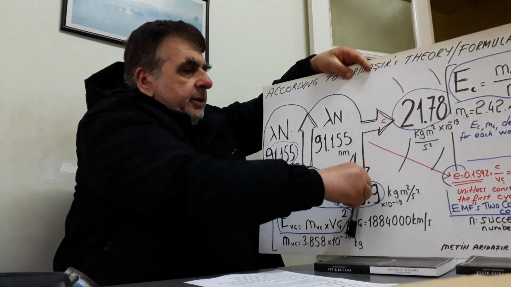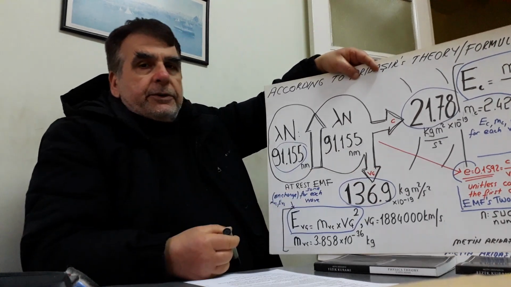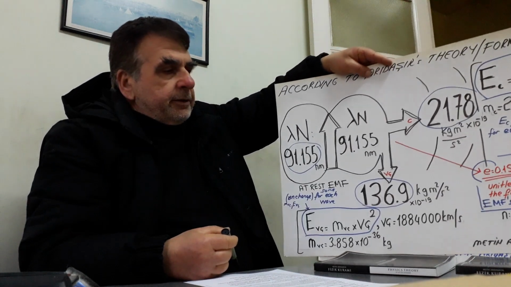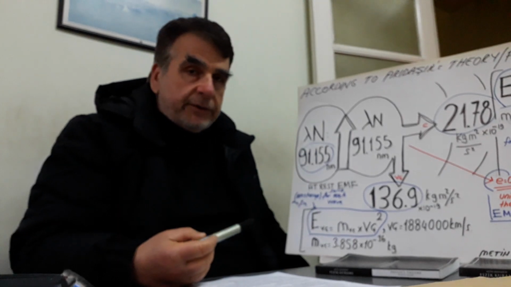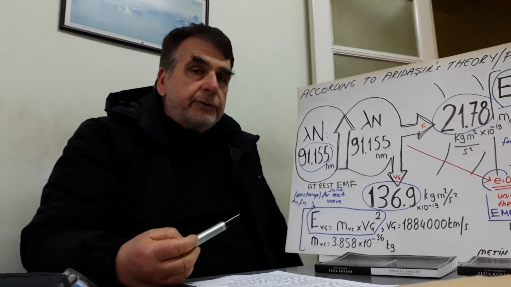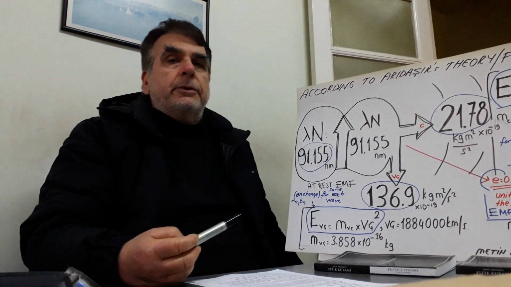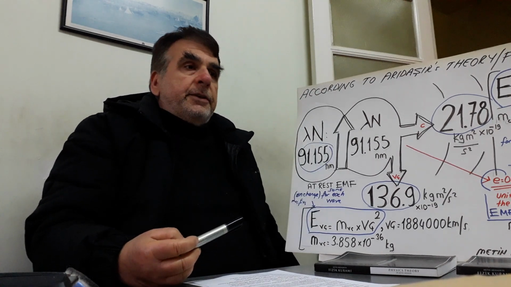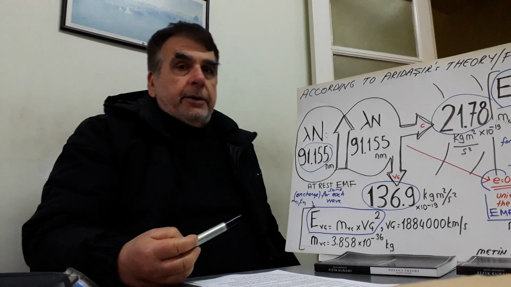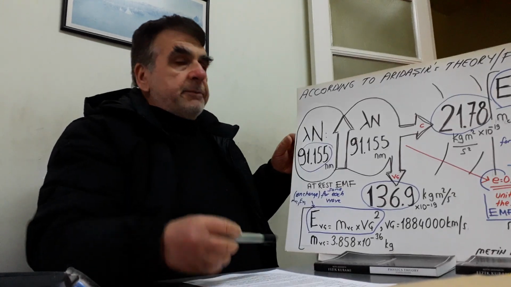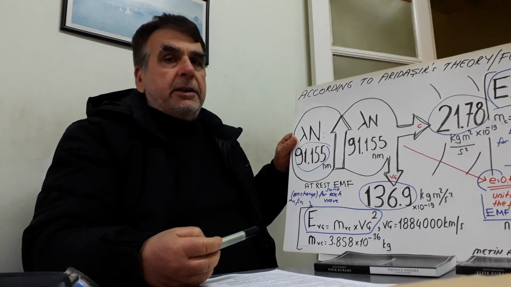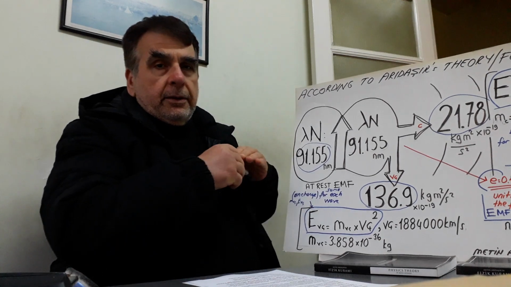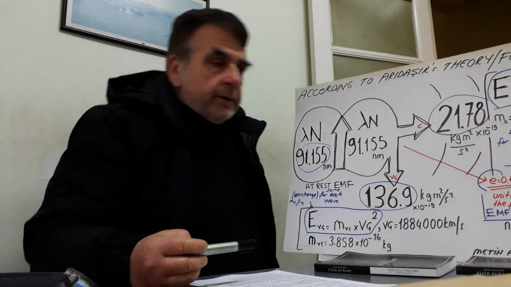This is the linear velocity component. Remember from my former videos, the linear velocity of an electron motion form's first cycle is 1,884,000 km per second. 6.28 times greater than the speed of light. Speed of light is not the limit of speeds of things.